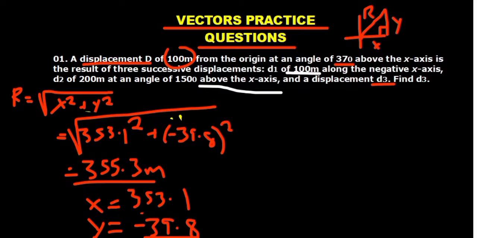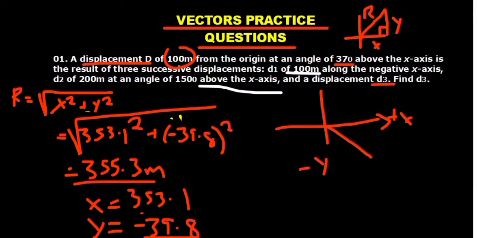If you look at the x-y plane, our y value is negative and our x value is positive. So expect that this angle is going to be in the fourth quadrant, because this is where x is positive and y is negative.